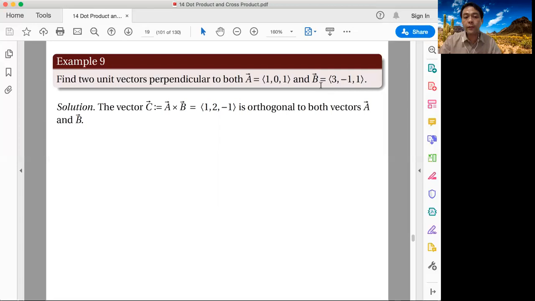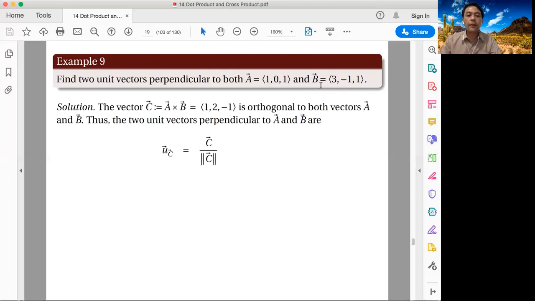So all we do is simply multiply the vector C by the reciprocal of its magnitude, or we just divide by its magnitude. And this is what we get. So this is the vector u sub C. This vector is a unit vector. It is orthogonal to both vectors A and B because it is a unit vector in the direction of the cross product. What will be the other unit vector?